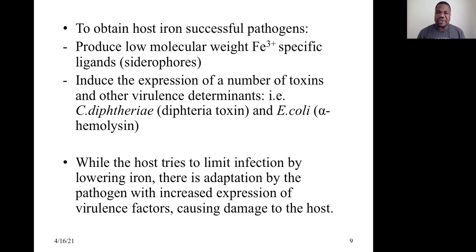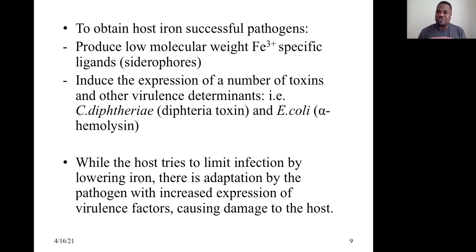Other microorganisms will release certain toxins in your body, and those toxins will force the iron binding proteins to release the iron. An example of this is Corynebacterium diphtheriae, which releases a toxin called diphtheria toxin. E. coli can also release alpha hemolysin.